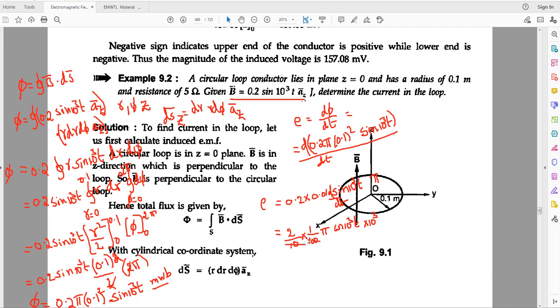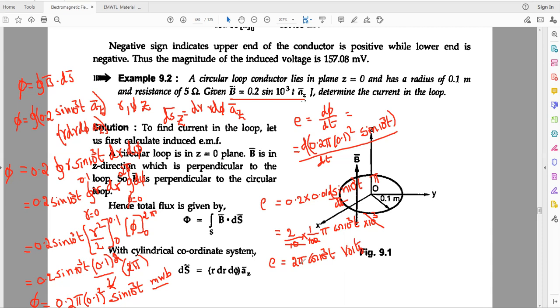See here the 10 is there and the 100, nothing but 10 cube only. You can get this cancelled, and E is equal to 2 pi into cos 10 cube into t. That is the E value we got, in volts.